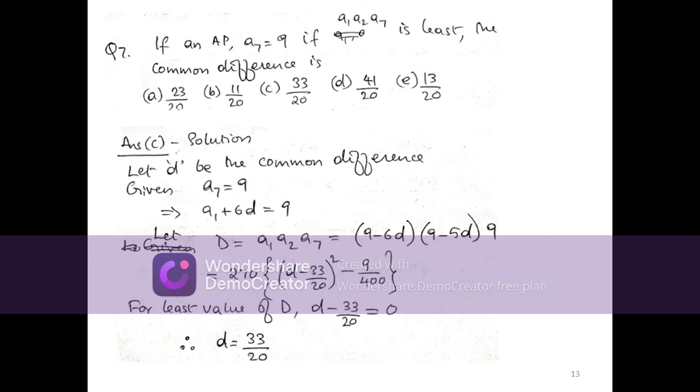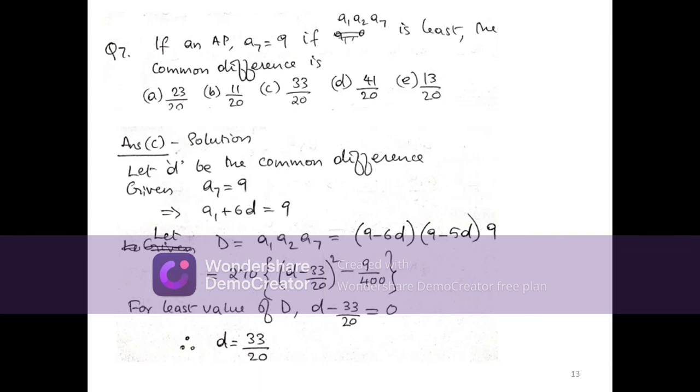If a7 equal to 9, and a1 into a2 into a7 is the least value, the common difference is, you have 5 options: A equal to 23 by 20, B equal to 11 by 20, C equal to 33 by 20, D equal to 41 by 20, E equal to 13 by 20.